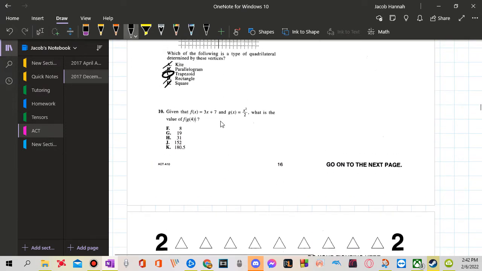Given that f of x is 3x plus 7, and g of x is x squared plus 2, divided by 2, find the value of f of g of 4. So what this means is that when they say f of g of 4, whatever function is inside, you plug in for the x of f of x.